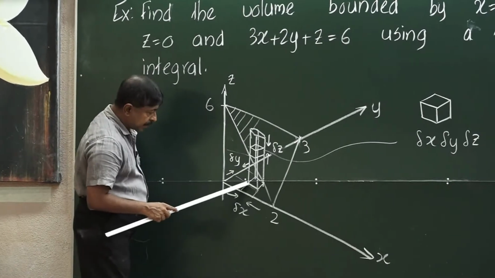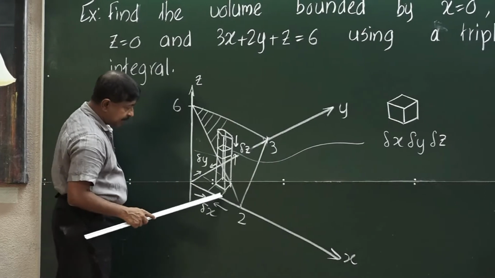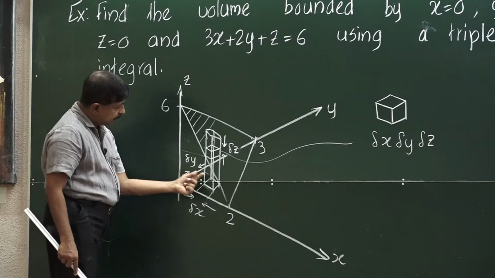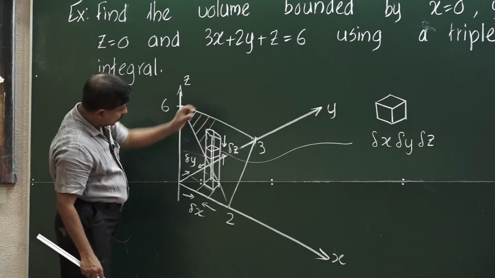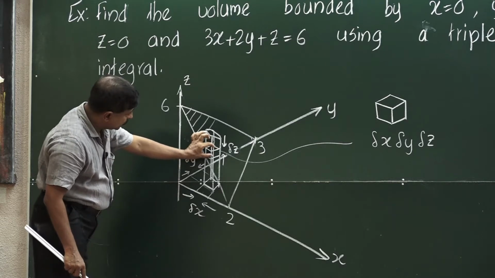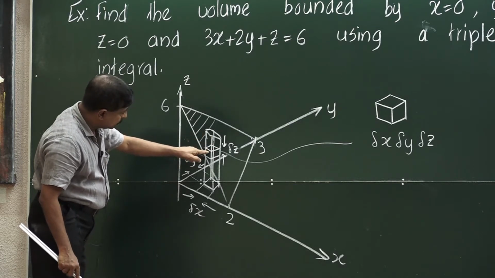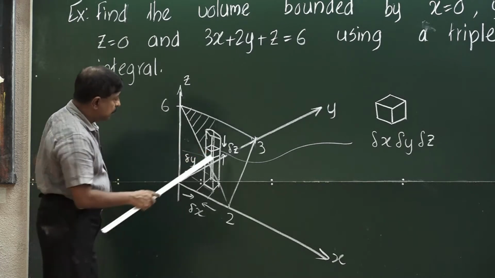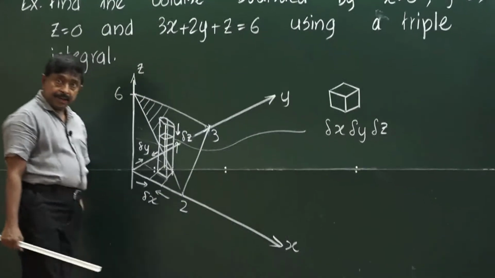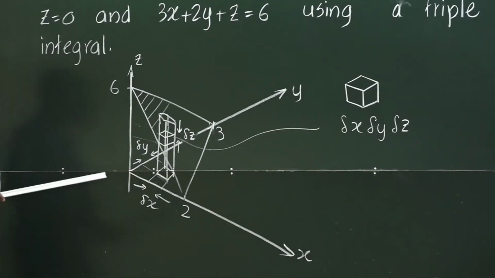So, here we take an infinitesimal length along the x axis, here an infinitesimal length along the y axis, and you can form a tower like thing, and then an infinitesimal length along the z axis. So, you get a cuboid. It has the volume of delta x, delta y and delta z. So, that is the infinitesimal volume.